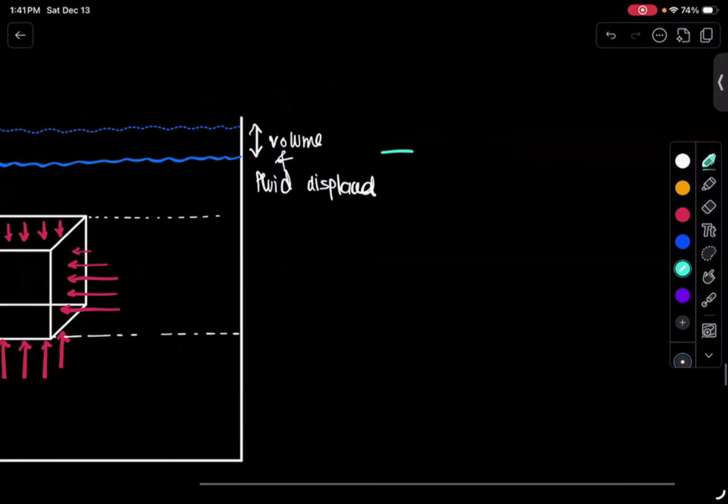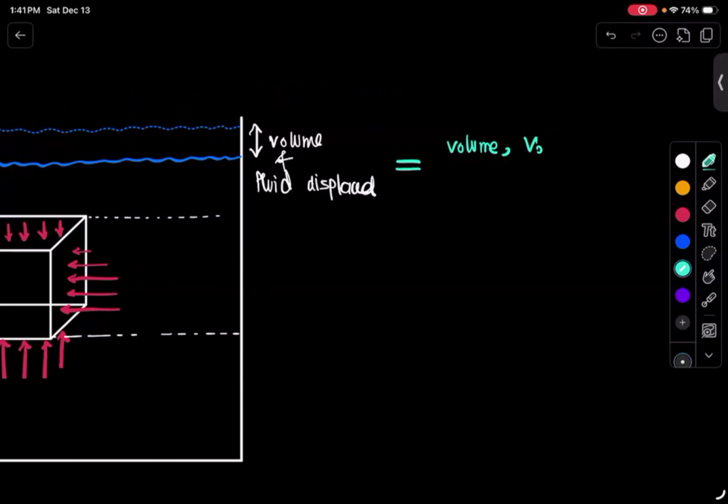And this is going to exactly be equal to, in this case, volume of fluid displaced is equal to volume V naught of block, if fully submerged only, right? Because if it's not fully submerged, then only the submerged part would be the fluid displaced.